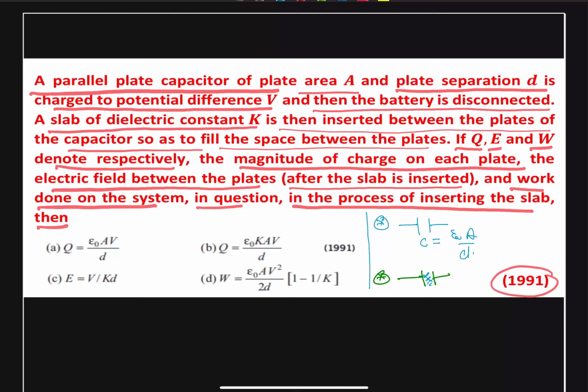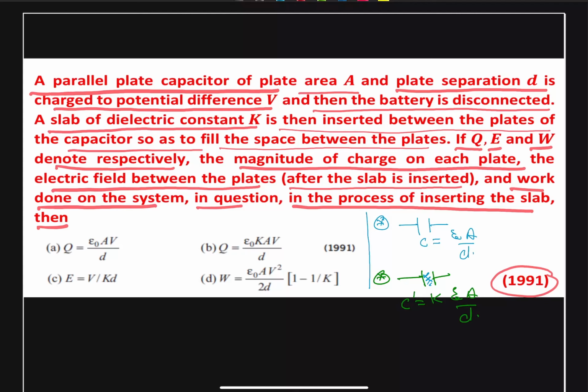Now in this case, the capacitance, let us call that C prime, will be equal to K, where the dielectric constant is given as K, times epsilon naught A upon d. So these are the two situations here.